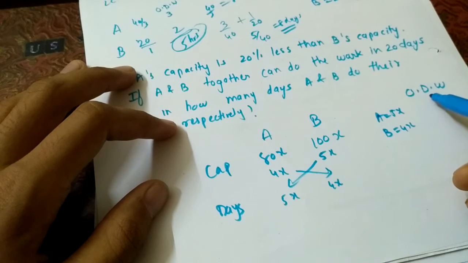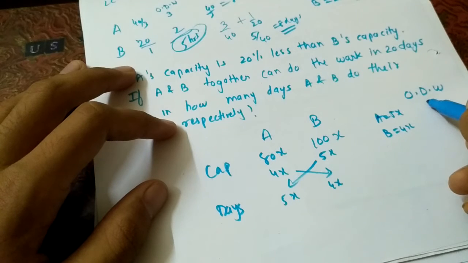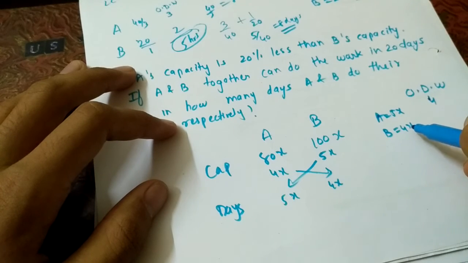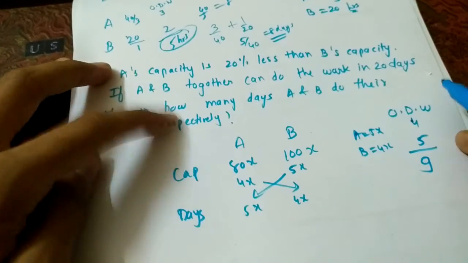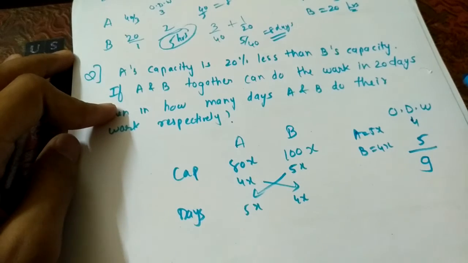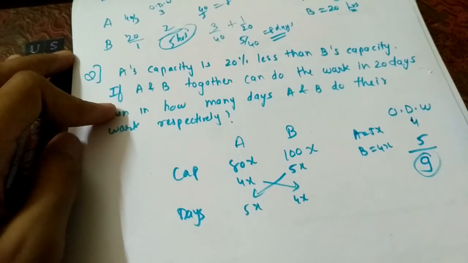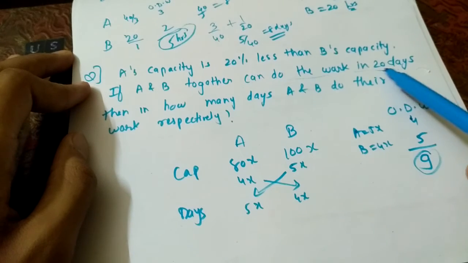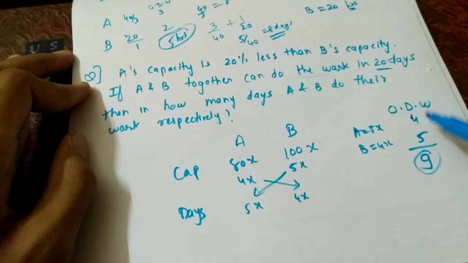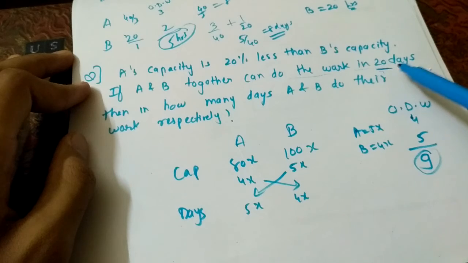So 1 day work will be total by this, so it will be 4, and this will be 20x by 4x, that is 5. So total 1 day work is 9. I calculated this 9 because it is provided in our question that if both are working together, then they can do the work in 20 days.